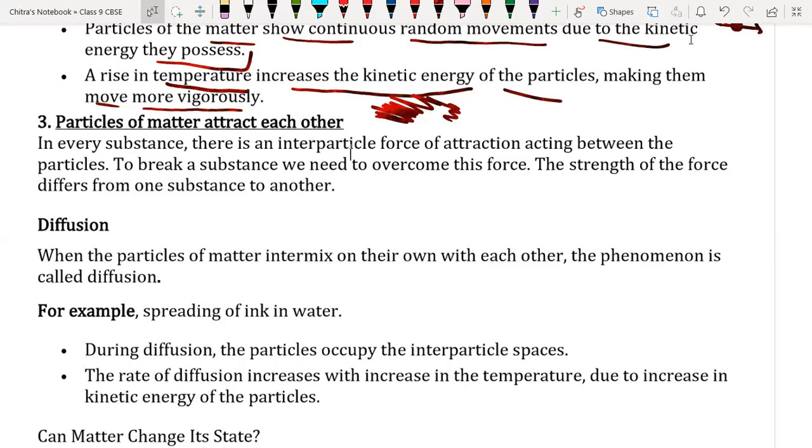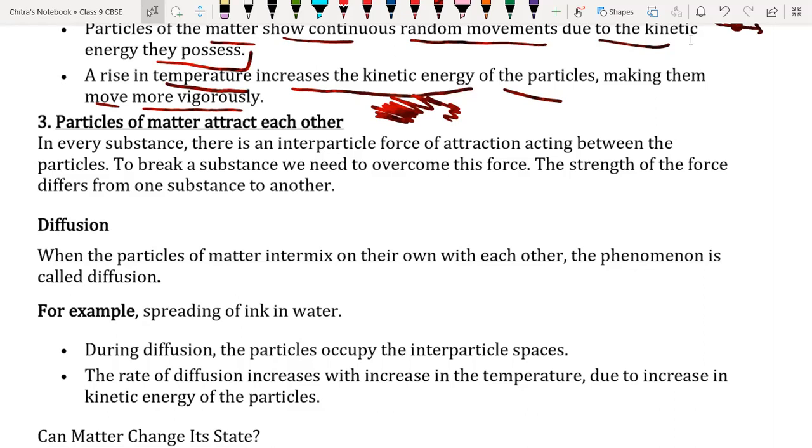The ability to attract is more in solids. Now the universal law of gravitation, I'm just going to explain. The universal gravitational law states that every matter in the universe attracts every other object in the universe by a force, and that force directly depends on the product of their masses and is inversely related to the square of the distance between them.